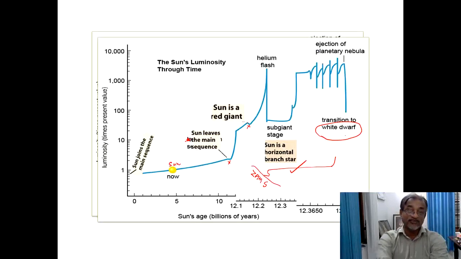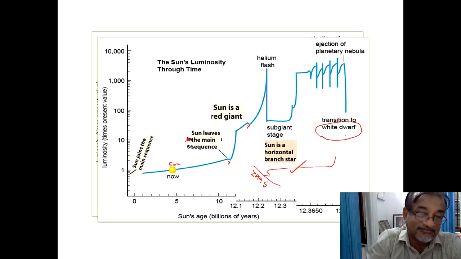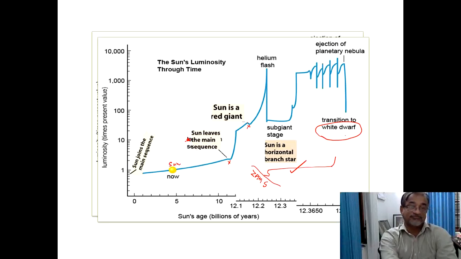So from this diagram, you can conclude the life history of the white dwarf. Here we are taking the sun as an example. Sun's age is taken along the x-axis and luminosity along the y-axis. Sun's age is in increasing order and the luminosity is also in increasing order.